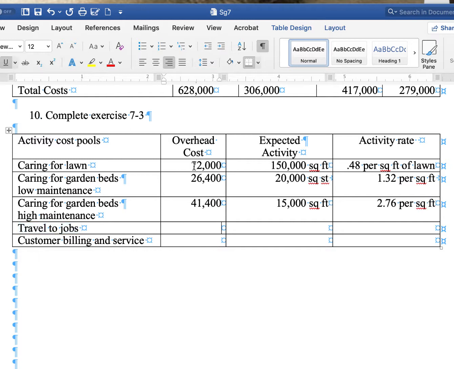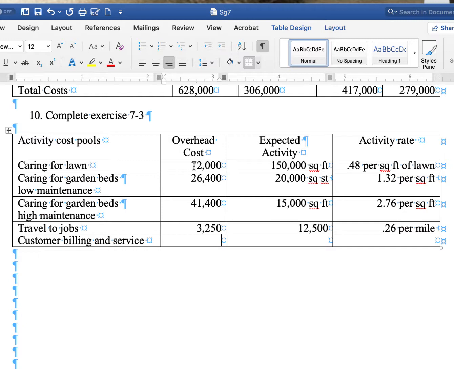Travel to jobs. Well, the estimated cost is going to be $3,250. The expected activity is going to be 12,500 miles. Again, we divide. We end up with 0.26, or 26 cents per mile. And then we have customer billing and service.